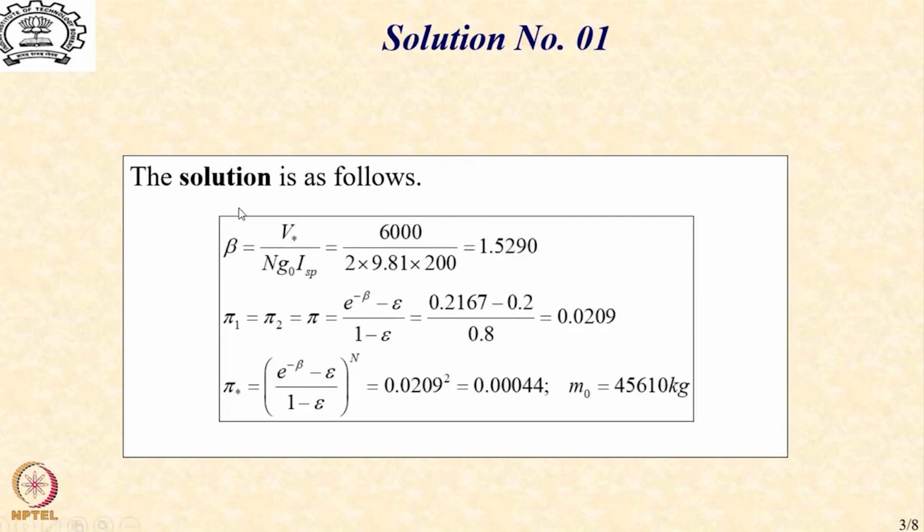So we first calculate the parameter beta, which is nothing but V star divided by n G0 ISP, where V star is the desired velocity, n are the number of stages, and ISP are the specific impulses. So when we substitute these, we get beta as 1.5290.